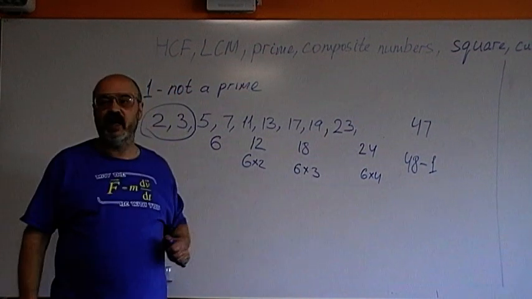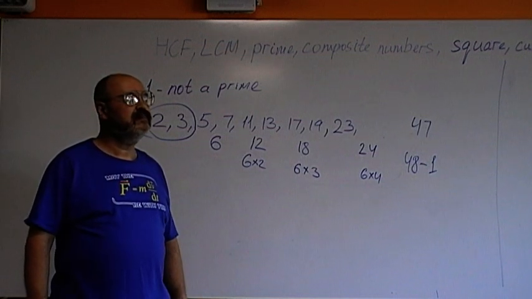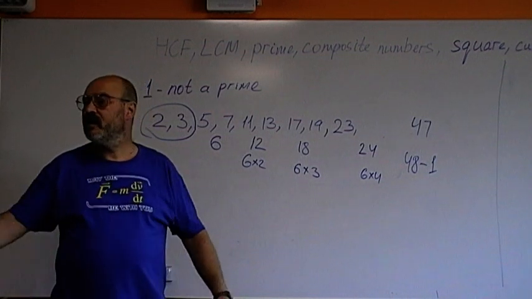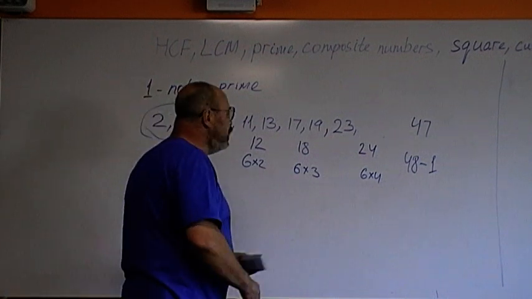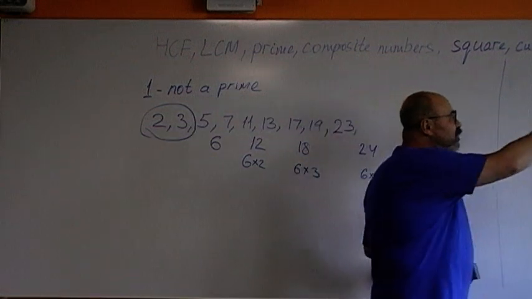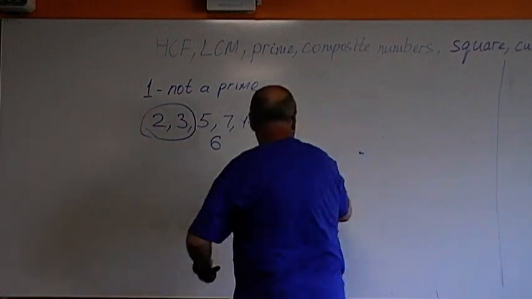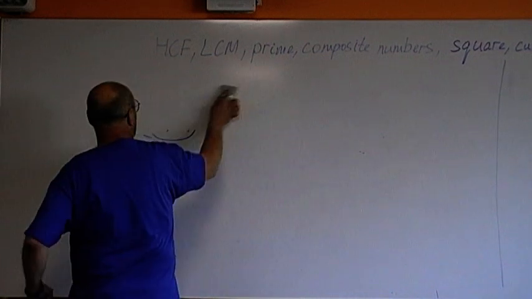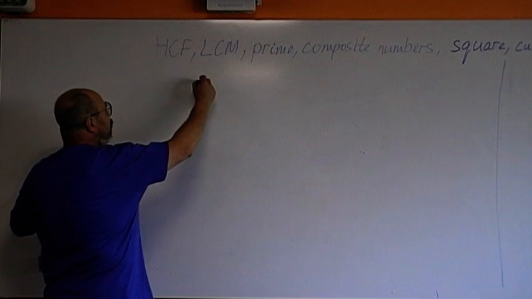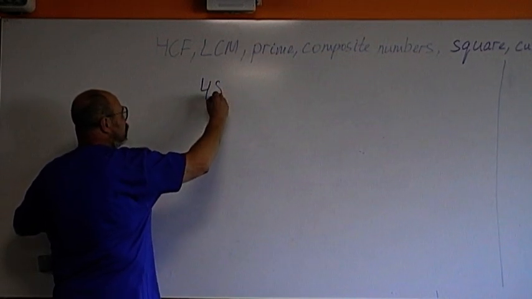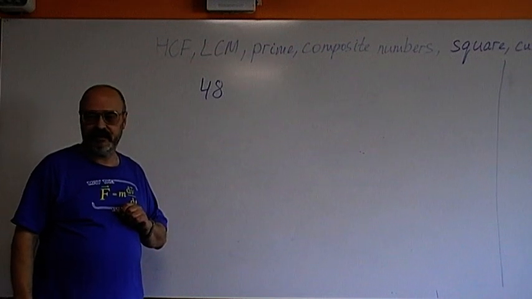Now, composite number. What is a composite number? That's not a prime. It has more than 2 factors. And we have a look into the prime factorization now as well. Let's take number 48. It is clearly not a prime number.